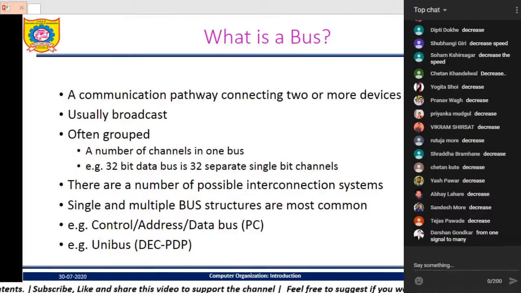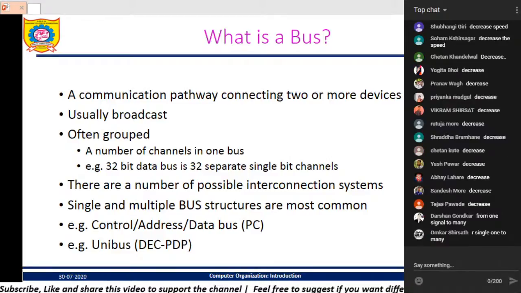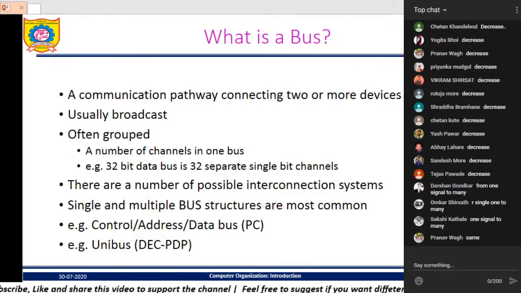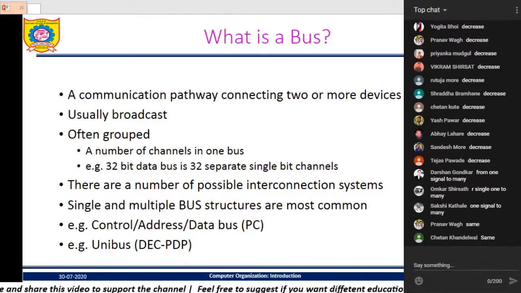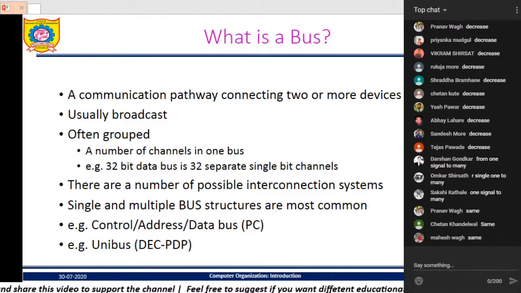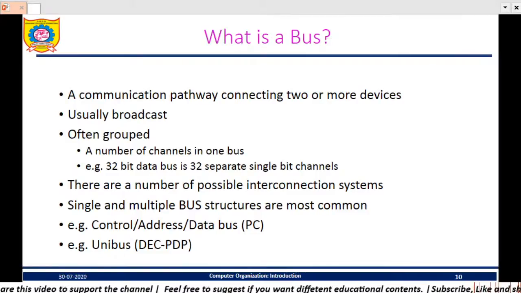Yes, Darshan, one signal to many, that is called broadcasting. From one signal, if multiple receivers are there, that is called broadcasting. So buses are mostly used for broadcasting.